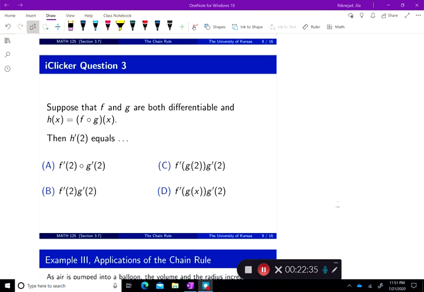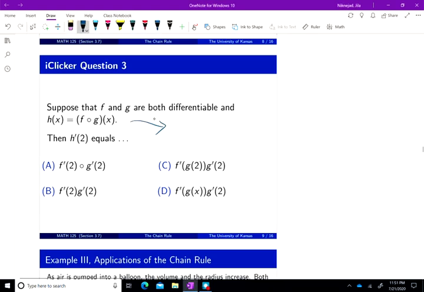And the answer is, so if you're taking the derivative of this, you end up with f prime of g. If you're answering this, you end up with h prime of x is equal to f prime of g of x times g prime of x.